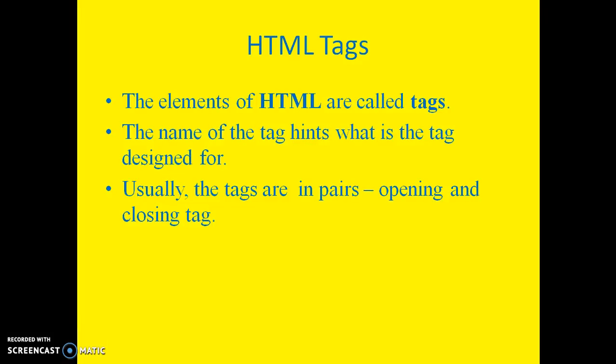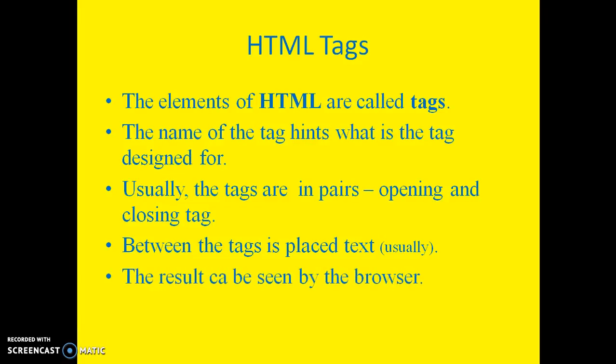When you declare the syntax for your tags, there should always be two tags, the first one opening and the second one closing. Between these tags we usually place the text, and the tags run within your HTML code. So the result can be seen in the browser: whatever we put inside the opening and closing tags will be displayed in your web browser for the web page we are designing.